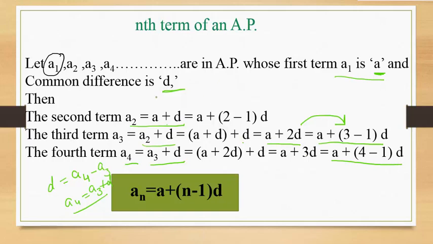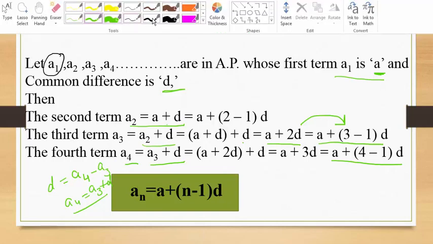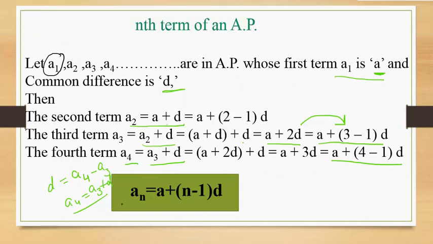So from this we conclude that if we want to find the nth term, then there will be A, and for example, we are finding here the fourth term, then we write here 4 minus 1. In the general formula, if we are finding the nth term, then this will be n minus 1. So this is the formula.